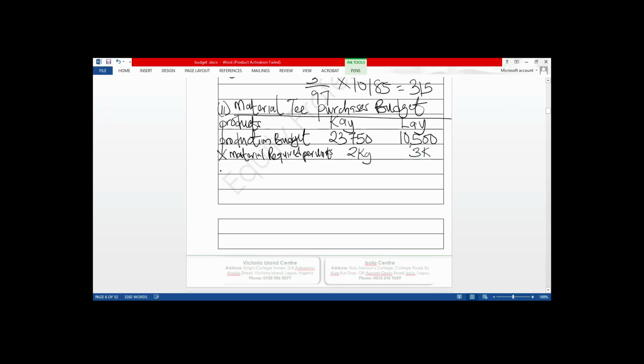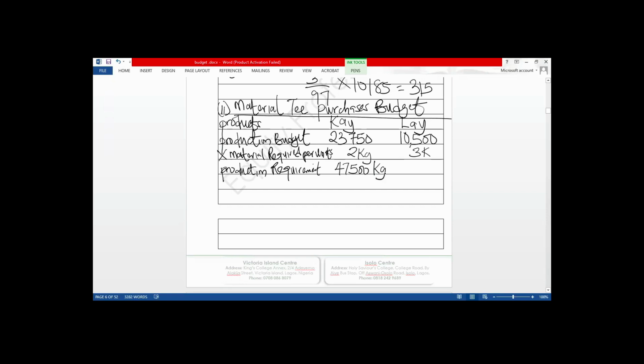So multiply 23,750 by 2 kg. That will give you production requirements: 47,500 kg.